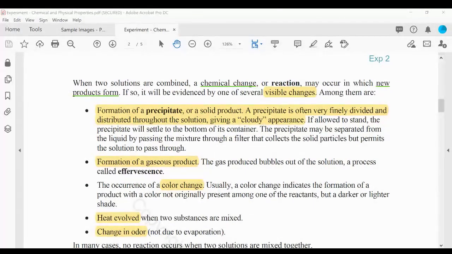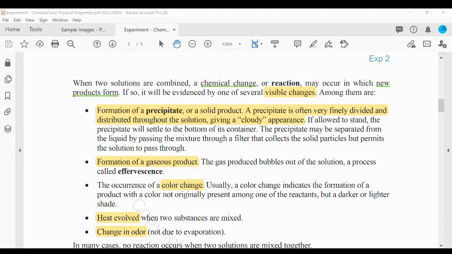Okay. And the last part of the write-up here is about what we said: that when a chemical change or a reaction occurs, new products form. We know that.